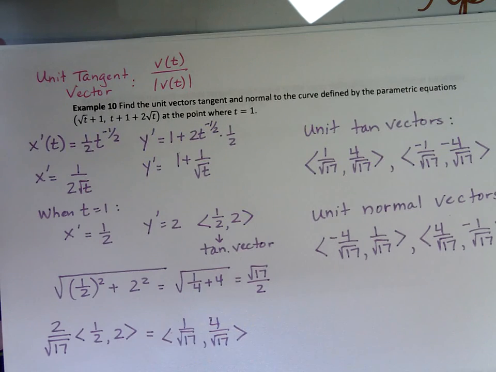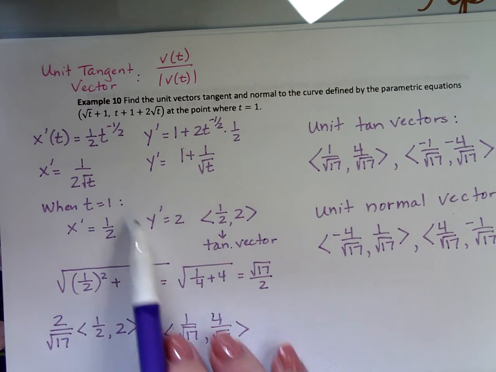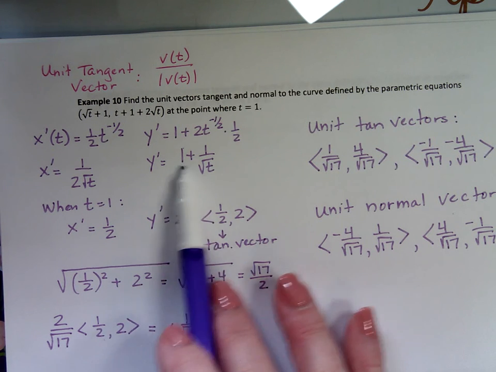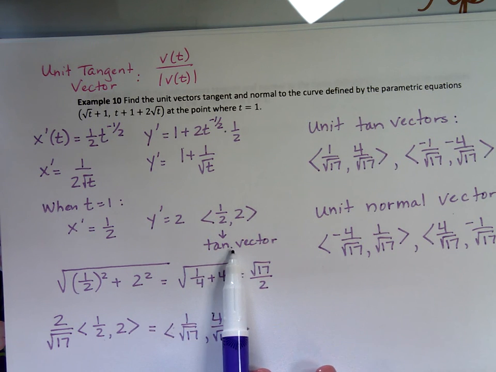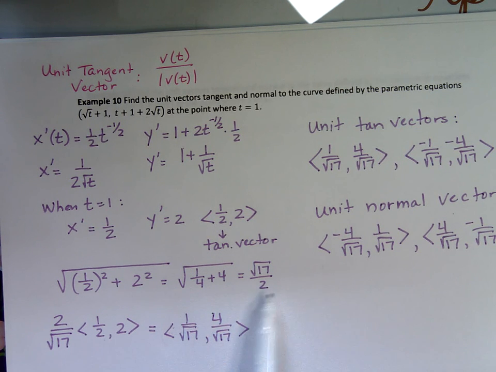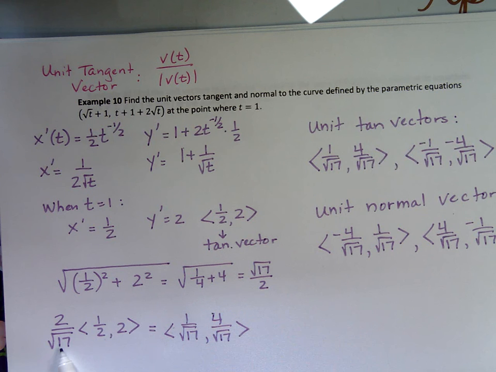That gives me 1/2 for this guy, and it gives me 2 for this guy, 1 plus 1. So this is my tangent vector. And I go along and I figure out what the magnitude is for that, square root of 17 over 2. But since I'm dividing by that, it actually is multiplying by the reciprocal, so I'm multiplying my vector by this magnitude, and then I get this.